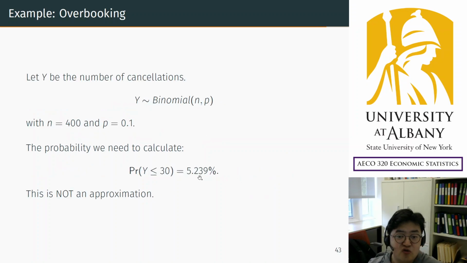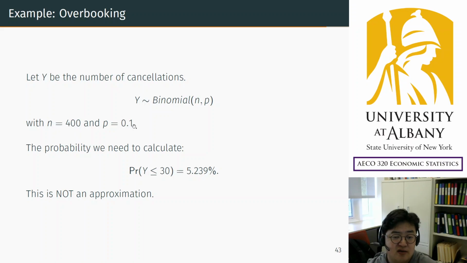First, you may use the binomial distribution. We can use the formula we learned in the binomial distribution chapter, or you can simply calculate that probability on Excel. The number is too big, like 400, so it is nearly impossible to calculate by hand. So the computer can do it: plug in the parameters n equal to 400 and 0.1.